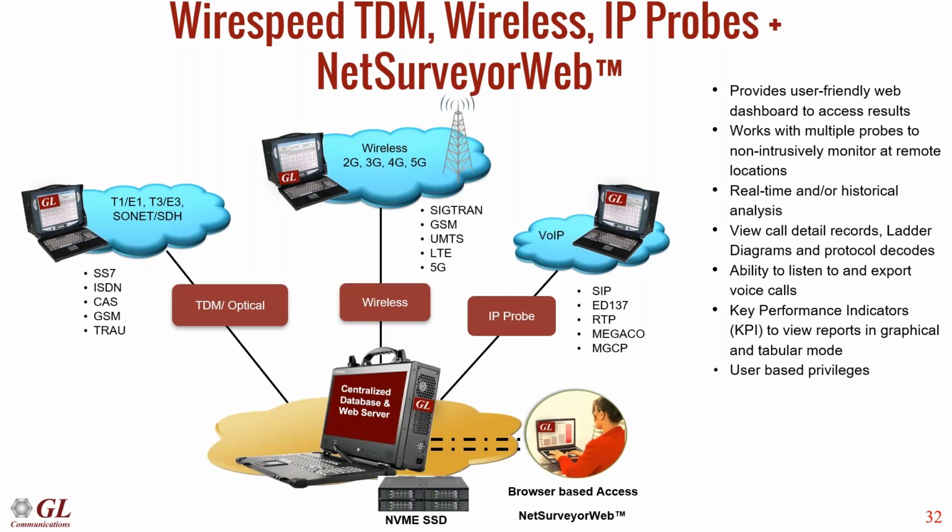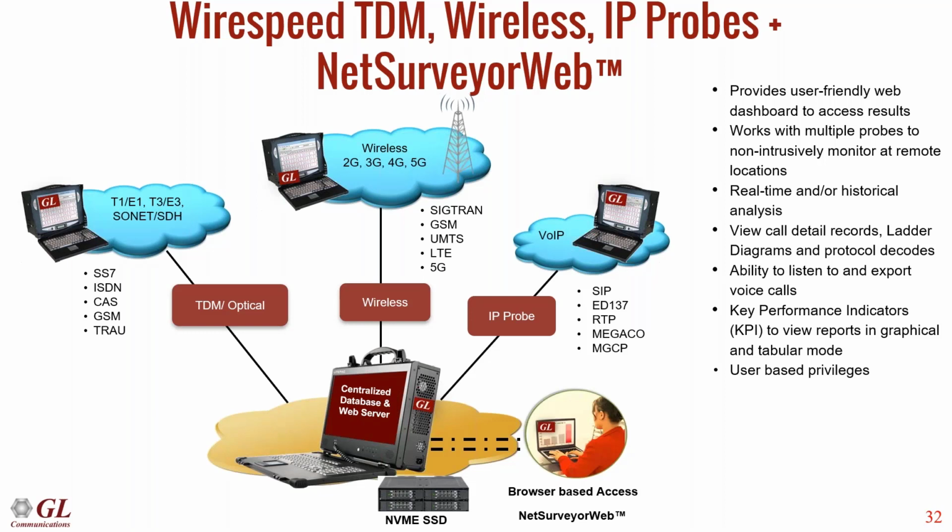So this NetSurveyorWeb, along with this IP probe, can even work with all our other TDM analyzers or wireless analyzers, which can be hooked up into the specific network, analyze all the traffic, and send the analyzed CDRs and the recorded voice data to the centralized database server.